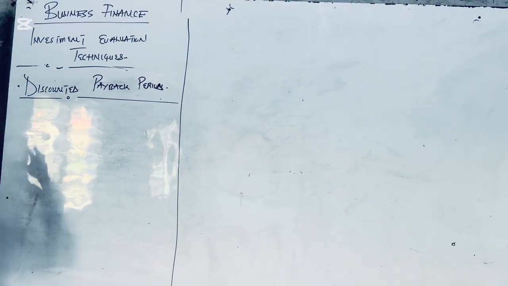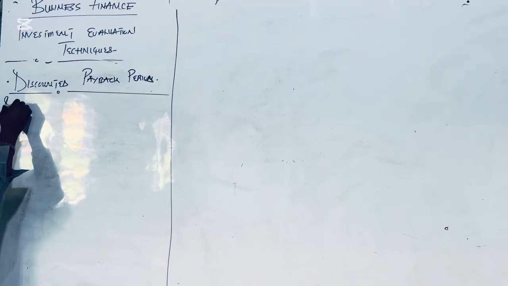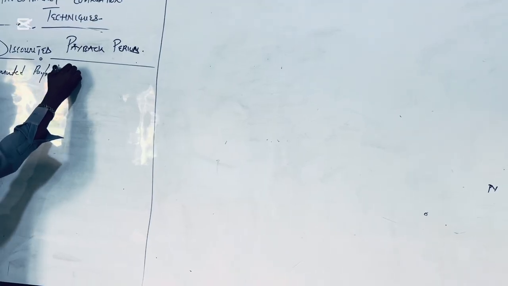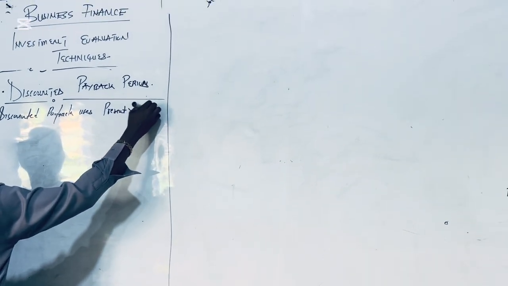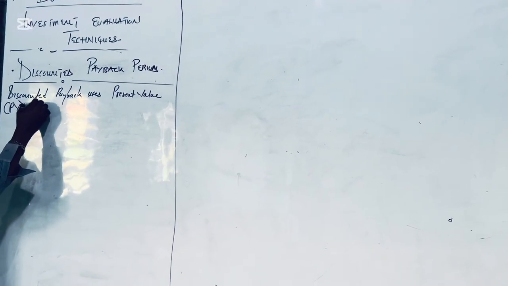All right. Now, when you are given a question and you are asked to calculate the discounted payback, the moment you see discounted, meaning we are going to use present value. That is our PV in calculation.